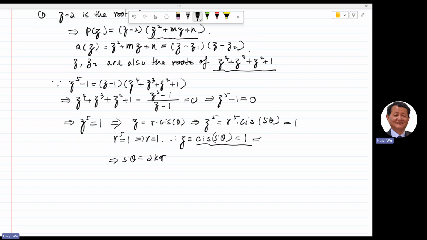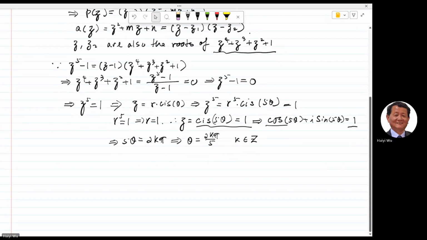Remember, this means cosine 5 theta plus i sine 5 theta equals 1. Solving for the real part, 5 theta must be equal to 2k pi, so theta will be 2k pi divided by 5, where k is an integer.